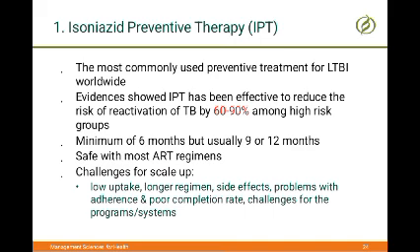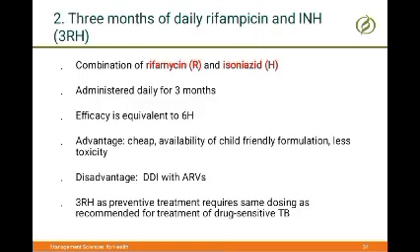Challenges for the programs or systems. 2. 3 months of daily rifampicin and INH or isoniazid, that means 3RH. Combination of rifampicin, symbol R, and isoniazid, symbol H, administered daily for 3 months.